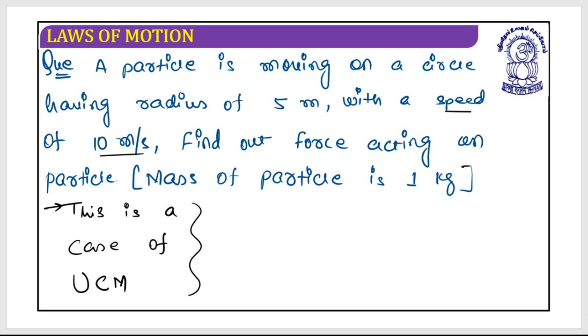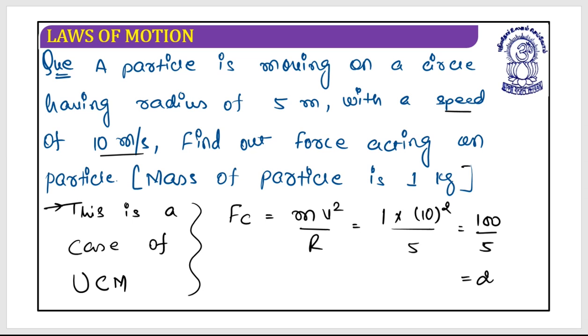Yes, so when it is uniform circular motion, Fc is equal to mv square by r, because only one force would be there, and when only a single force is acting, it is the total force acting. Mass 1, velocity 10 square, divided by radius 5, so this equals 100 divided by 5, that is 20 Newton.